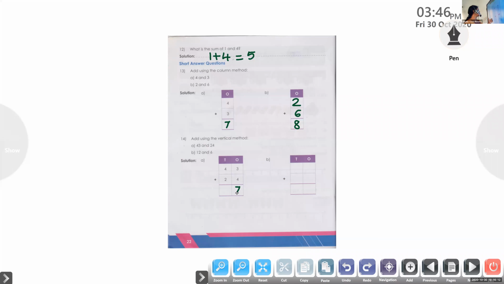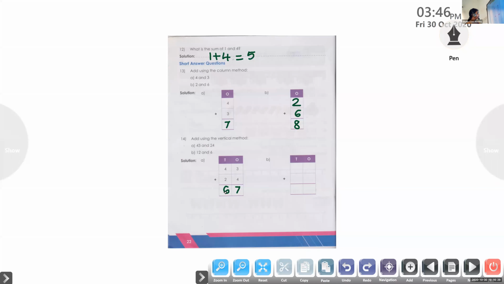Then at the tens place we have 4 and 2. What is 4 plus 2? 6.